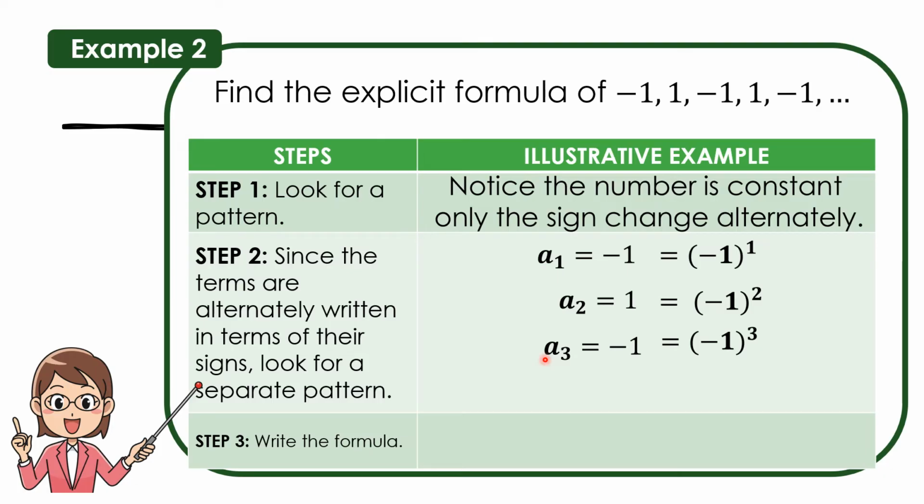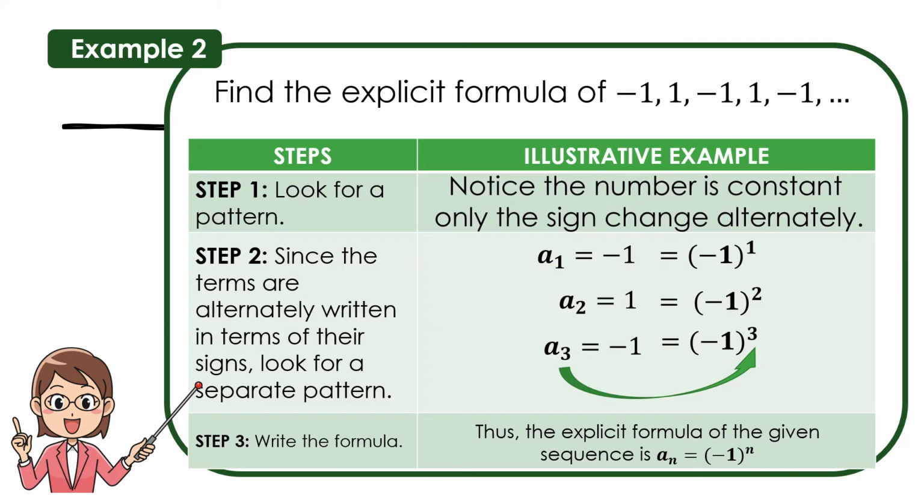Negative 1 can also be written as negative 1 raised to 3, since negative 1 times negative 1 is 1 and 1 times negative 1 is equal to negative 1. Okay, so replacing these terms by n, we have the explicit formula a sub n is equal to negative 1 raised to n.